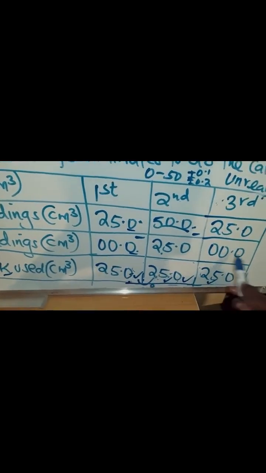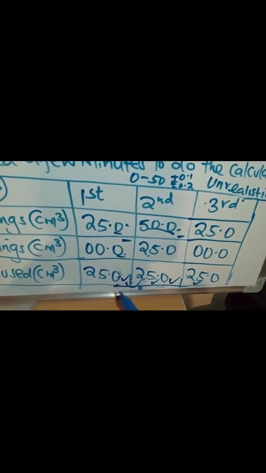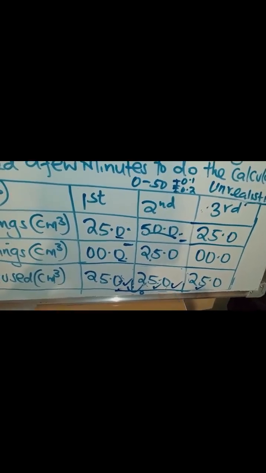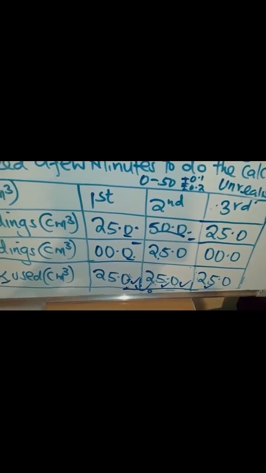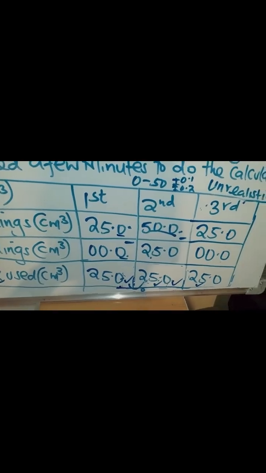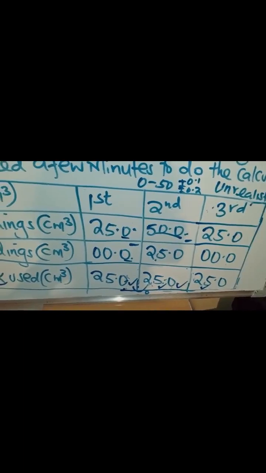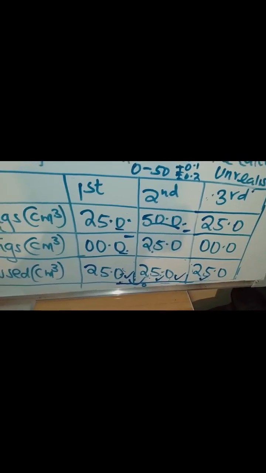You have not indicated any unrealistic value, because all the values that you have indicated can be read from a burette. So again, you get that mark where realistic values have been used. And again, you have completed the table.